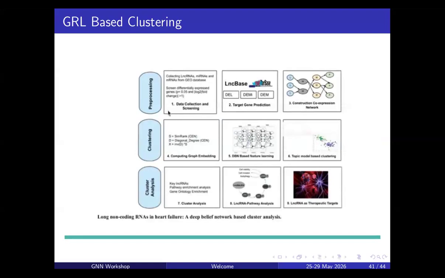We first collected the data. We take LNC RNA, long non-coding RNA, then microRNA, another important non-coding RNA, and mRNA, which is basically the gene expression. We can get these from the GEO database, Gene Expression Omnibus.